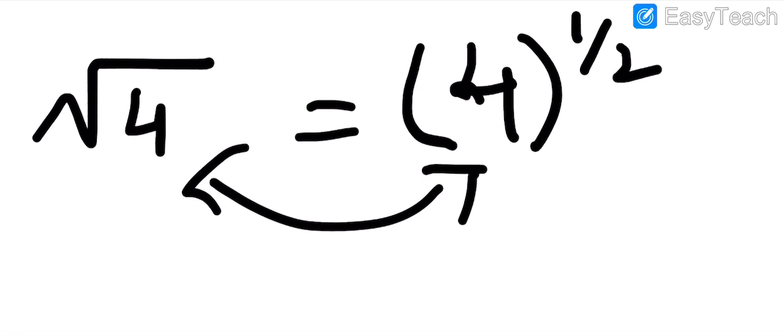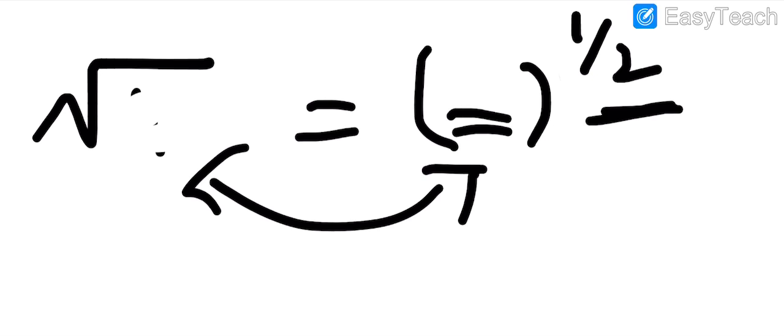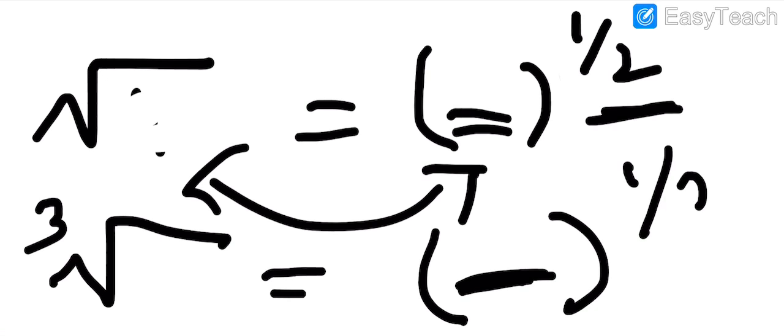So square root means the power of something is half, 1 by 2. If I write cube root, it means the power of a number is 1 by 3. The exponent is 1 by 3. These are simple common concepts which you need to keep in your mind.